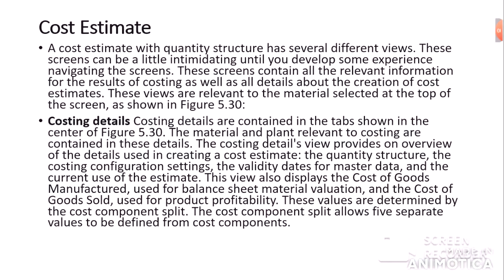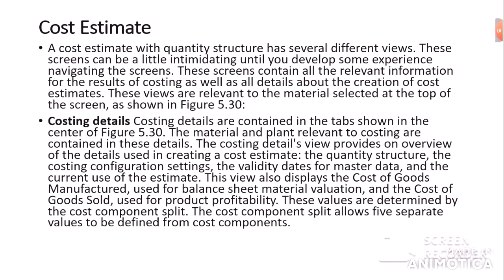These screens can be a little intimidating until you develop some experience navigating them. These screens contain all the relevant information for the results of costing as well as all details about the creation of the cost estimate. These views are relevant to the material selected at the top of the screen as shown in the figure. Costing details. Costing details are contained in the tabs shown in the center of figure 5.30.